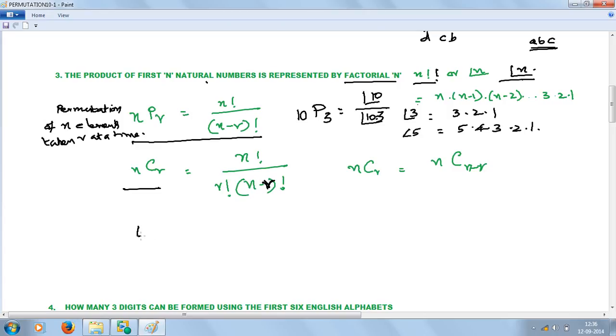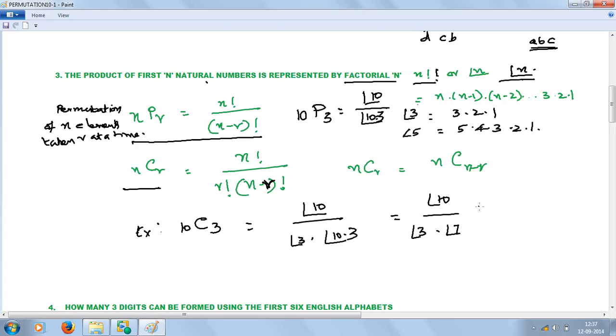So, for example, combination of 10 taken 3 is equal to factorial 10 divided by factorial 3 multiplied by factorial 10 minus 3. Here factorial r is extra. So it is factorial 10 divided by factorial 3 multiplied by factorial 7.